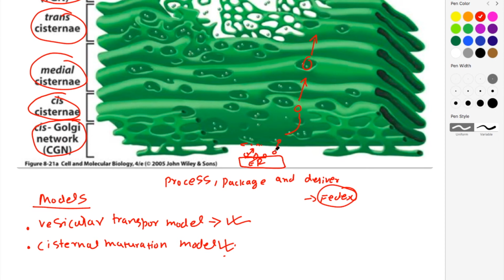The vesicles diffuse, and each vesicle is targeted to a different area. That's the idea of the Golgi complex.